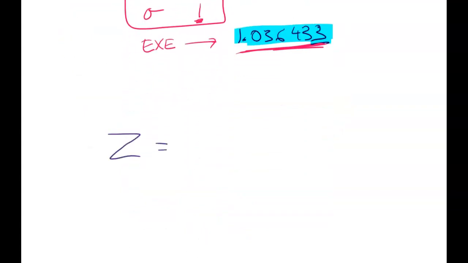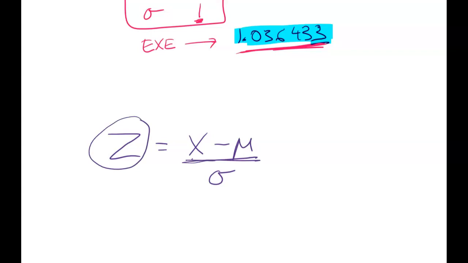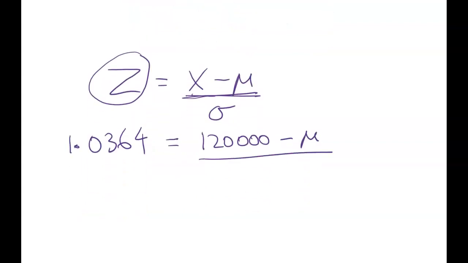The link between the X and the Z is this: the standard normal Z tells me how many standard deviations above the mean I am. So we substitute in 1.0364 is equal to X, 120,000, minus mu, the thing we don't know, the mean of the number of hairs on your head, divided by 18,000.